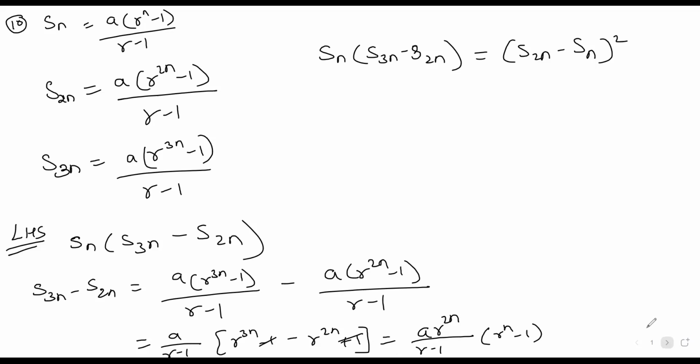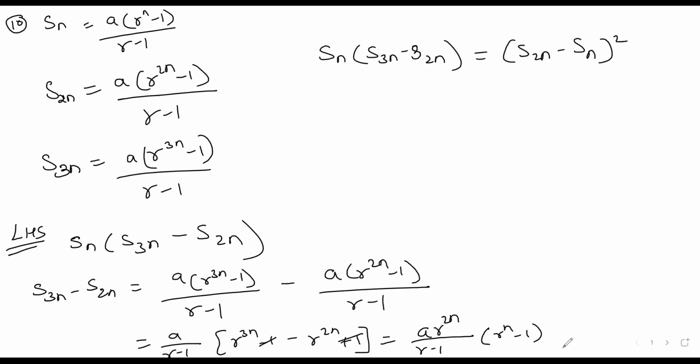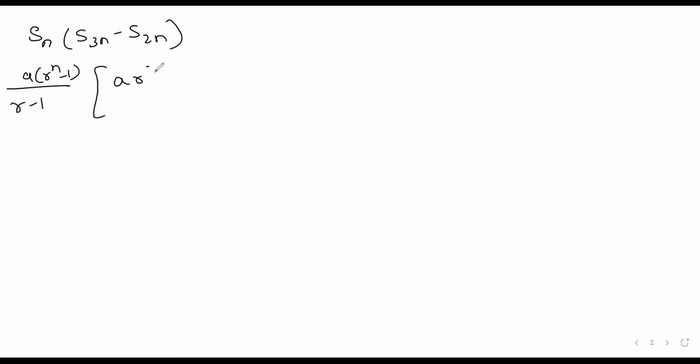Now we'll multiply it with Sn. So Sn multiplied by S3n minus S2n. A r raised to n minus 1 upon r minus 1 multiplied by A r raised to 2n, r raised to n minus 1 whole thing upon r minus 1.